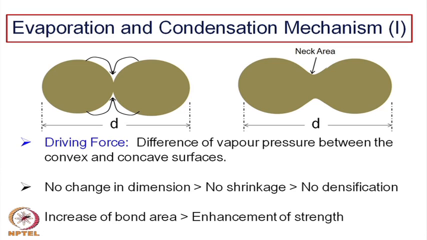That does not mean that it is not getting sintered, it is getting sintered because the bond area or the contact area is increasing, and consequently there is an enhancement of mechanical strength. That is an important consideration. So, I think it is very clear now that material is getting transported from the convex area through the gas phase to the concave area, and that is how the contact area is slowly increasing.